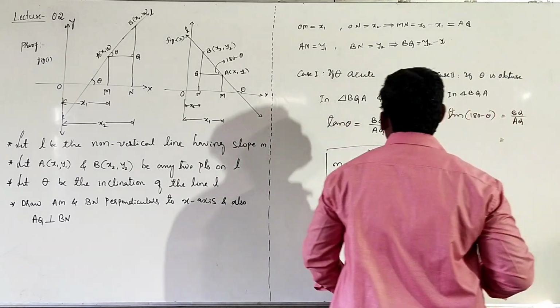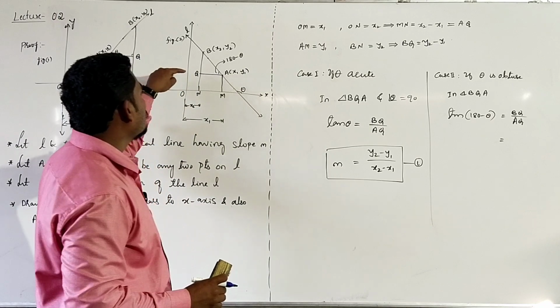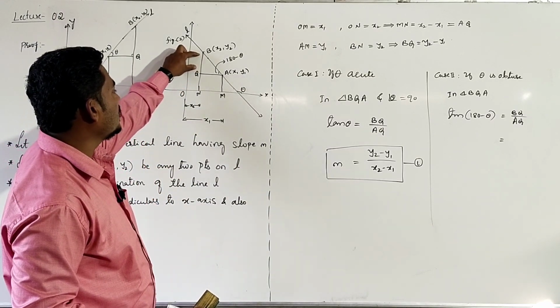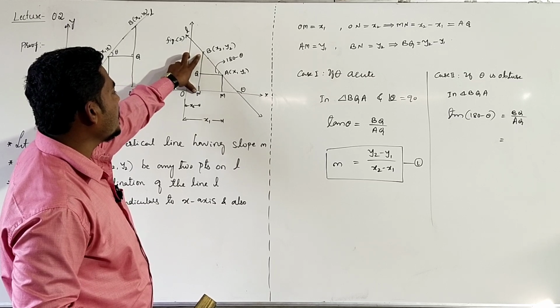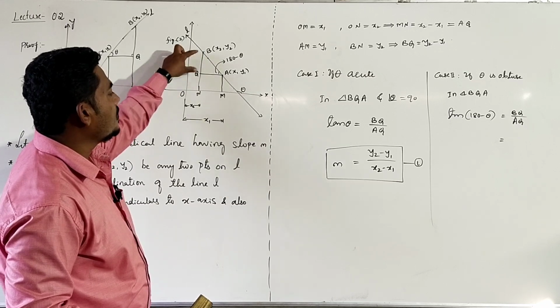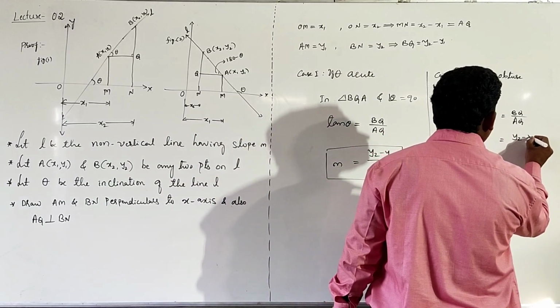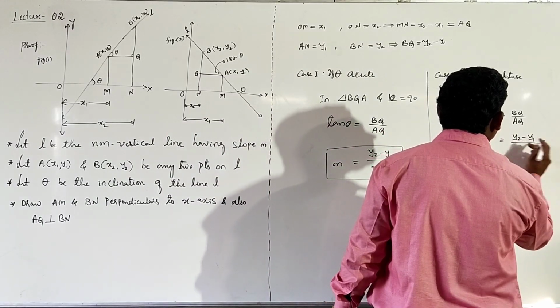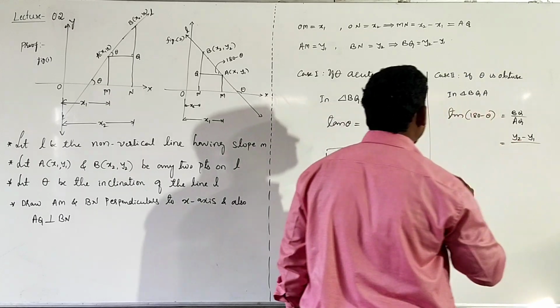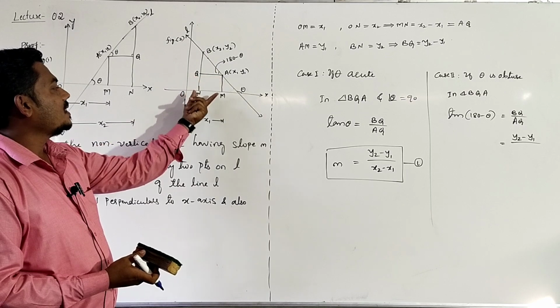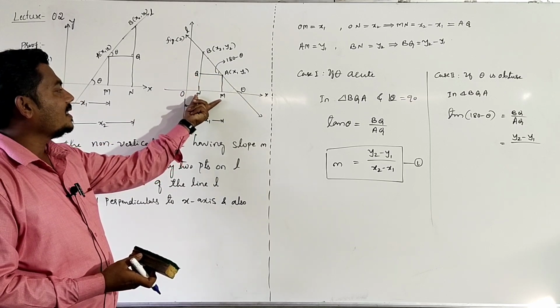That's equal to, in figure 2, what is BQ? BQ is nothing but BN minus QN, which means again y2 minus y1 only, divided by, look at the denominator AQ. In this figure, tell me what is the AQ value? AQ is nothing but MN only.